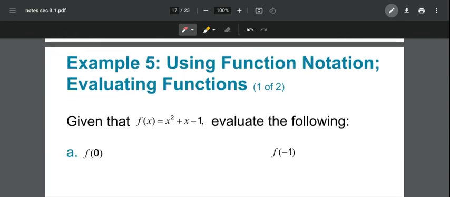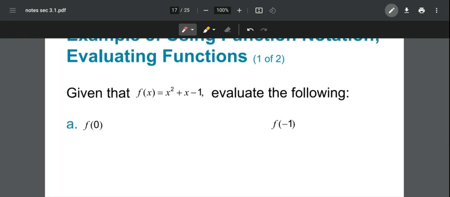And we're going to work with example 5. We have the function f of x equal x squared plus x minus 1, and we need to evaluate the function. So first, f of 0, we're going to replace x with 0. And that will give us negative 1. And f of negative 1, we're going to replace x with negative 1.